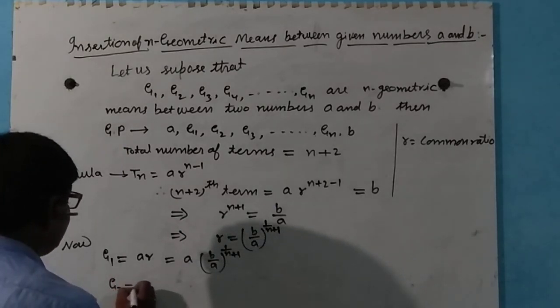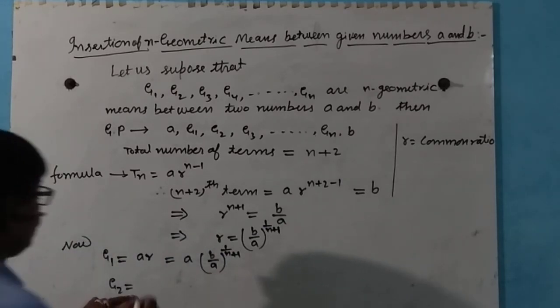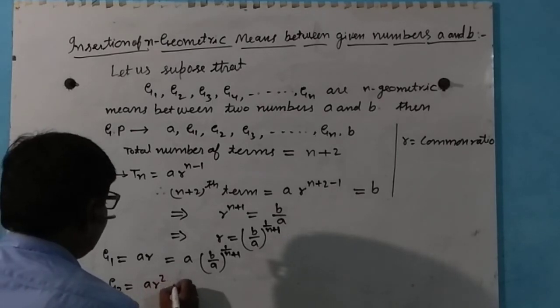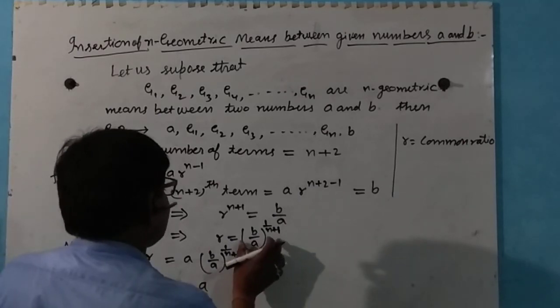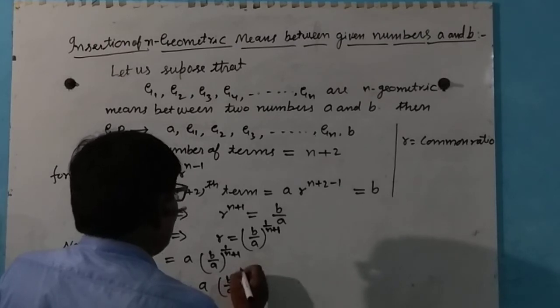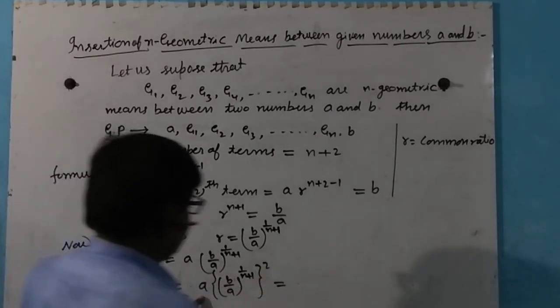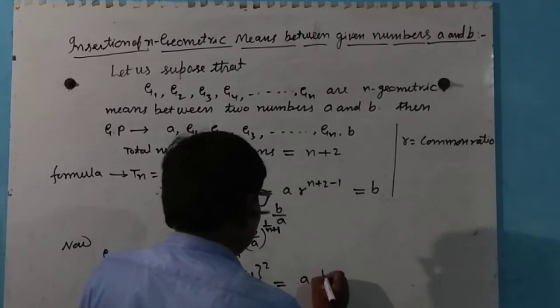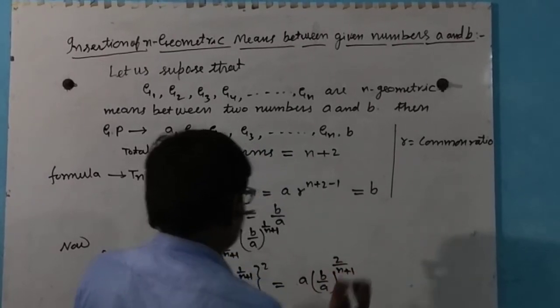G2, the second geometric mean, equal to A r square, which is equal to A into B by A to the power 1 by n plus 1 to the power 2, that is A into B by A to the power 2 by n plus 1.